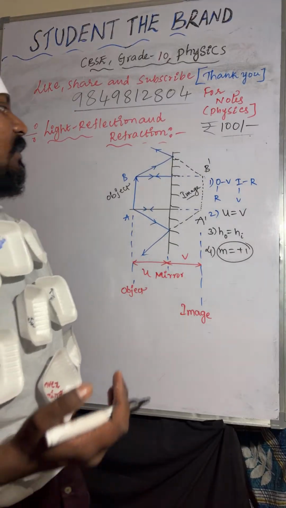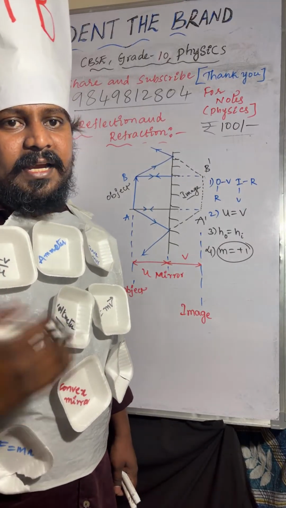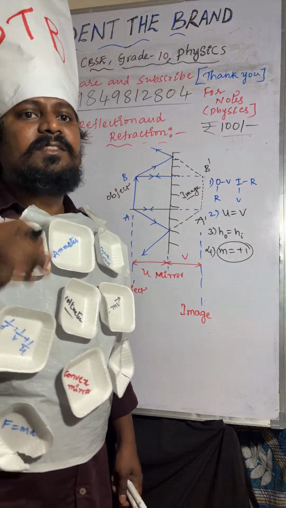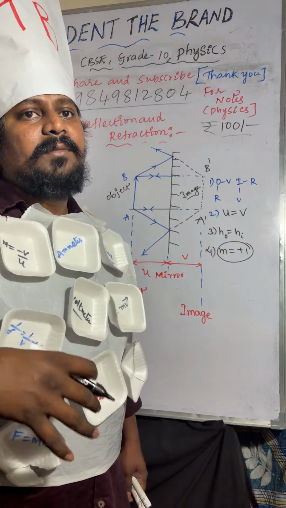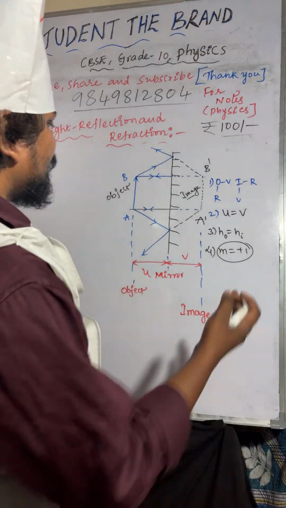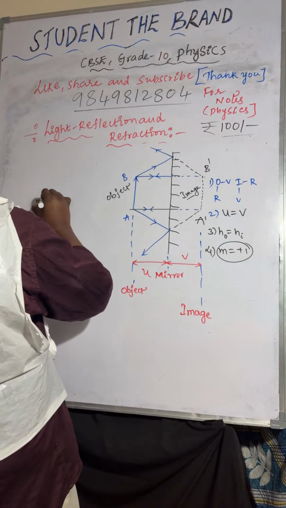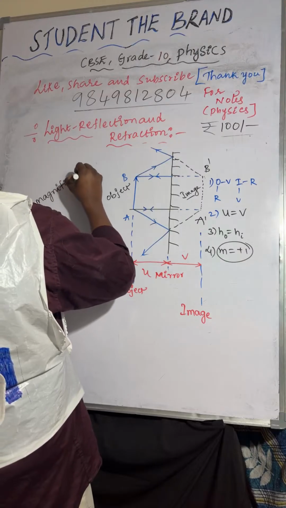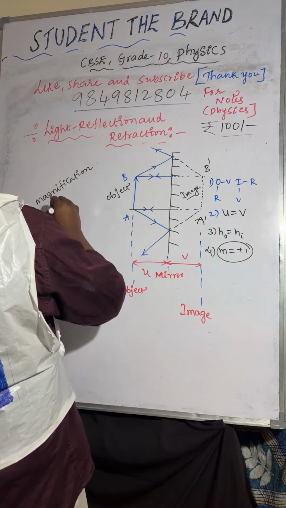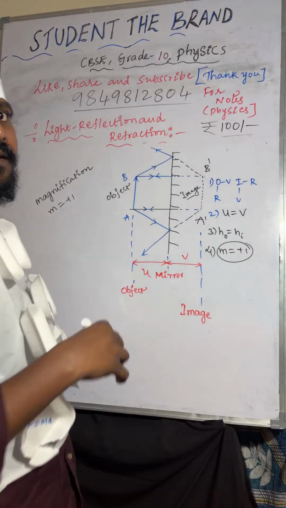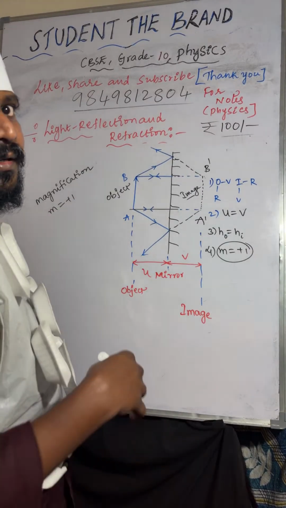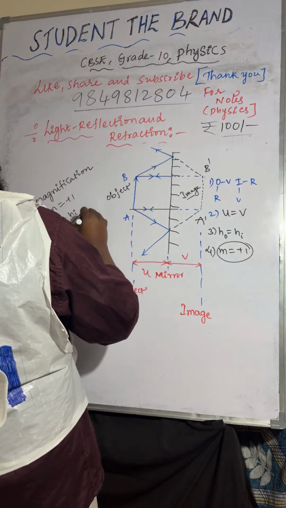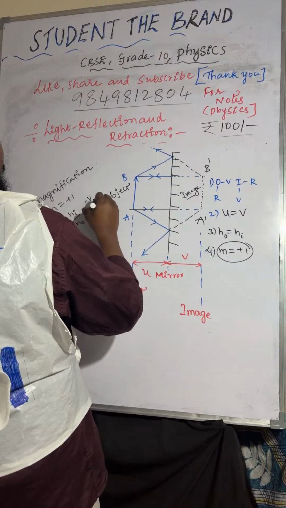Magnification is the ratio of height of the image to height of the object. So m equals plus 1, that is, m is height of the image by height of the object, which is nothing but minus v by u.